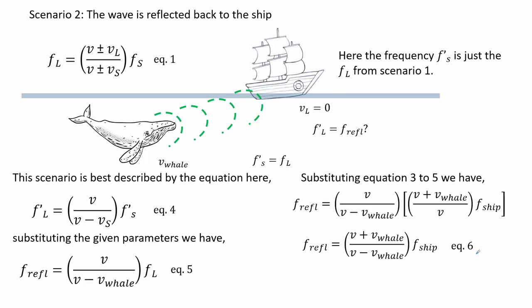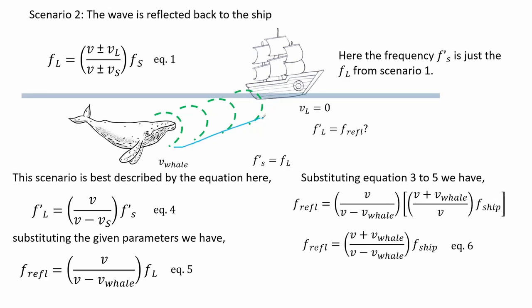Now, let us consider scenario 2. The wave is reflected back to the ship. So the whale acts as a source while the ship acts as the listener. So it is now reversed. So let's look back at equation 1.